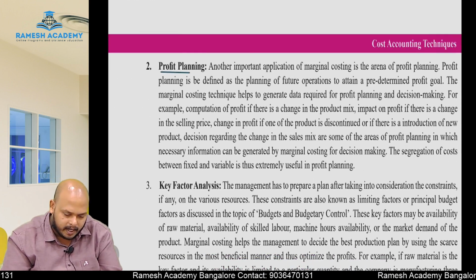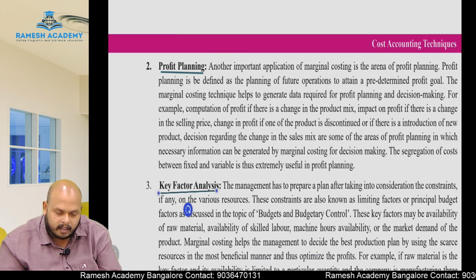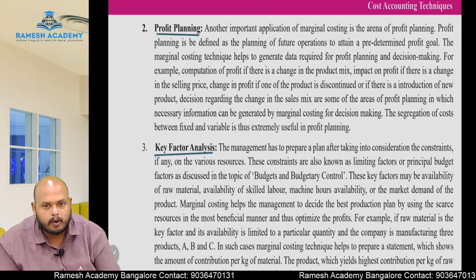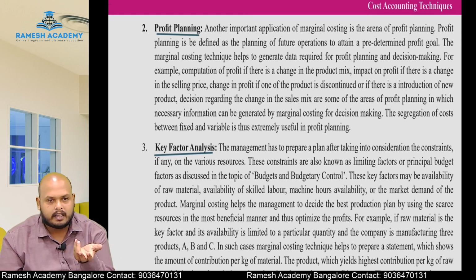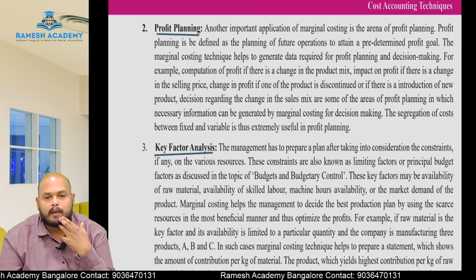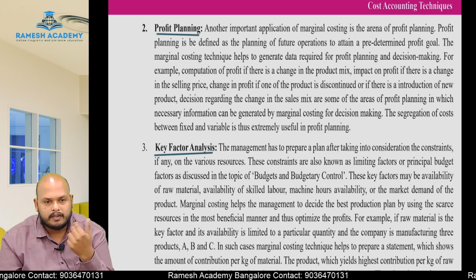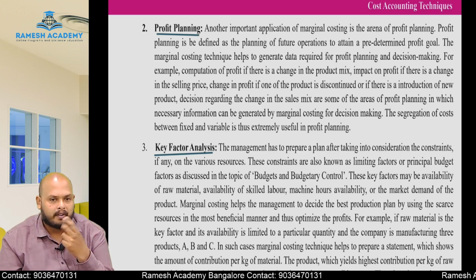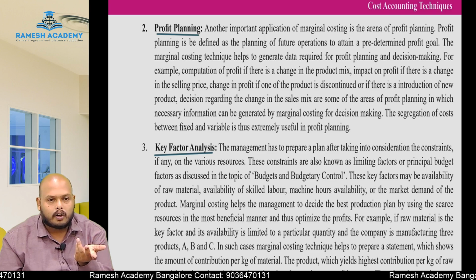Profit planning is nothing but desired profits. Key factor is nothing but limiting factor. What do you mean by limiting factor? Limiting factor is any factor that restricts the production capacity of an organization. Example, shortage of raw material.